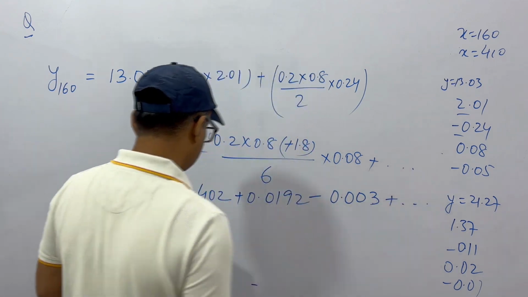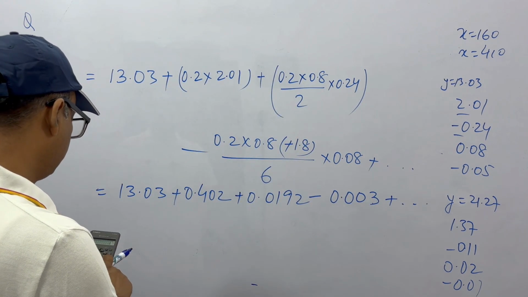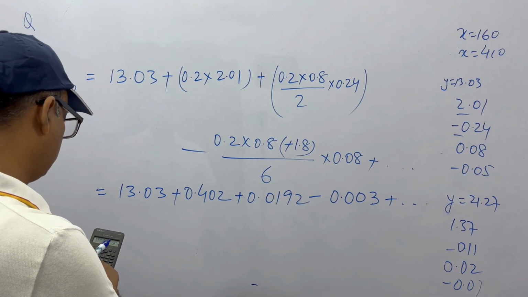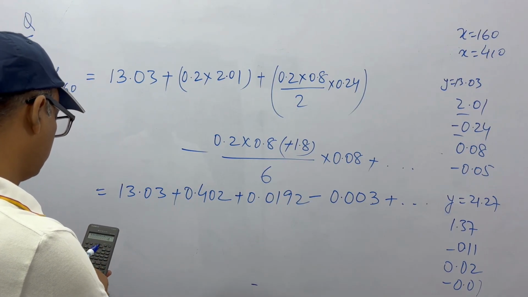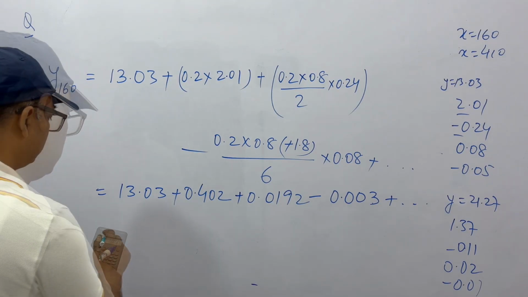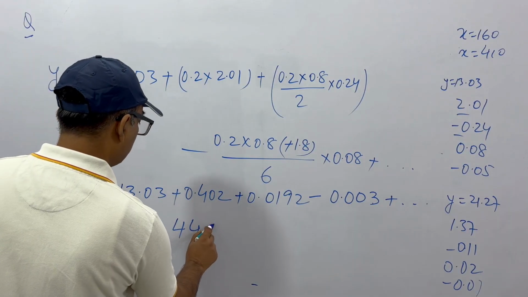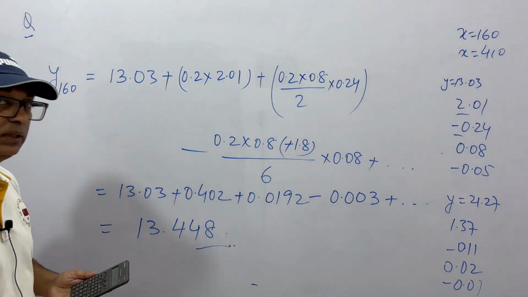So the values keep on decreasing. Let's see what this is: 13.03 plus 0.402 and so on, so it roughly comes to 13.448 up to 3 decimal places.